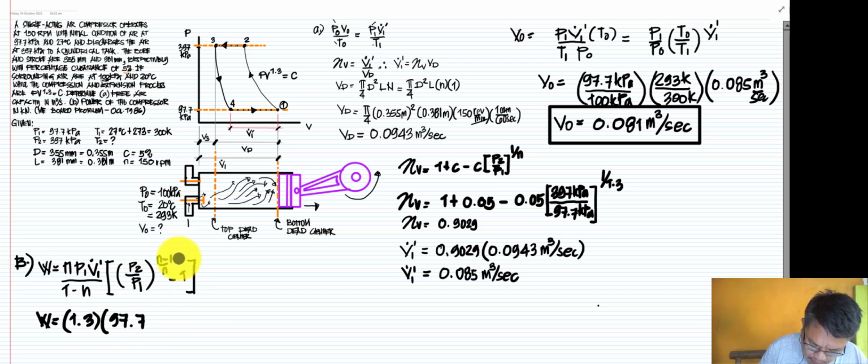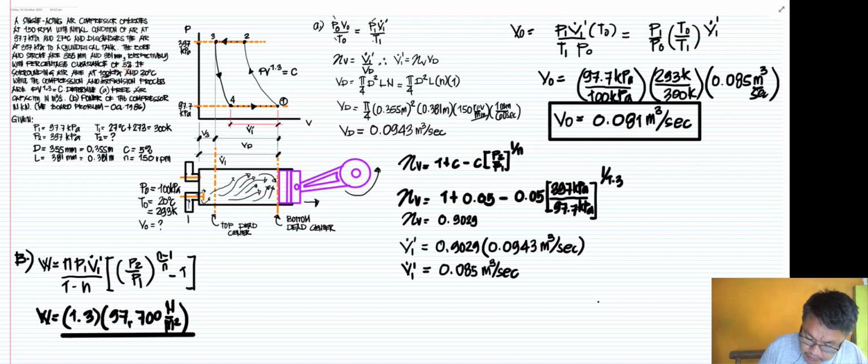I'm going to express this in thousands, so this is 97,700, in units of Newton per square meter, then divided by 1 minus N, where N is 1.3.